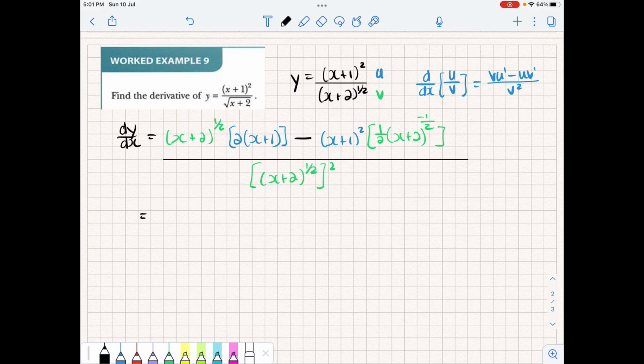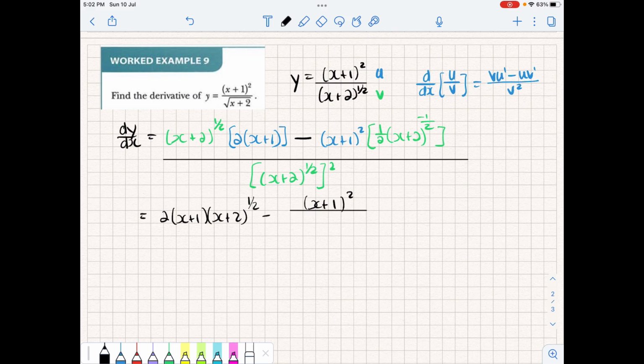Okay, so we can tidy this up a little bit by noticing that if we square the denominator, the square will disappear. We can also clean the numerator up. So let's have a look at how we could do that. Here we have 2x plus 1 times (x + 2) to the power of a half, and we're subtracting a half here. Another way we could write this, keeping everything positive, is to have (x + 1) squared on the top, and this (x + 2) to the power of minus half goes to the bottom.